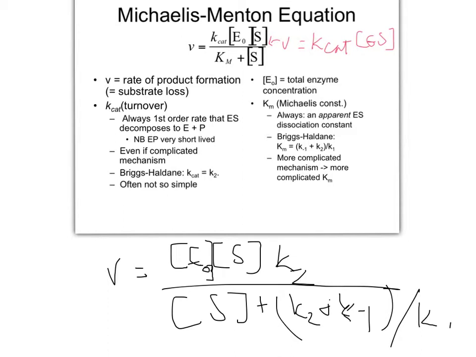And so in that case, if we look at the Briggs-Haldane, kcat is equal to K2, Km is equal to K minus 1 plus K2, shown here, divided by K1. And there are more complicated mechanisms, more complicated Kms, other than Briggs-Haldane.